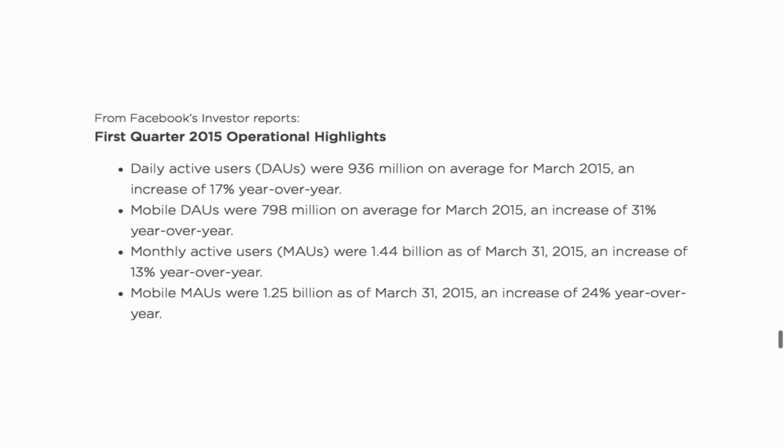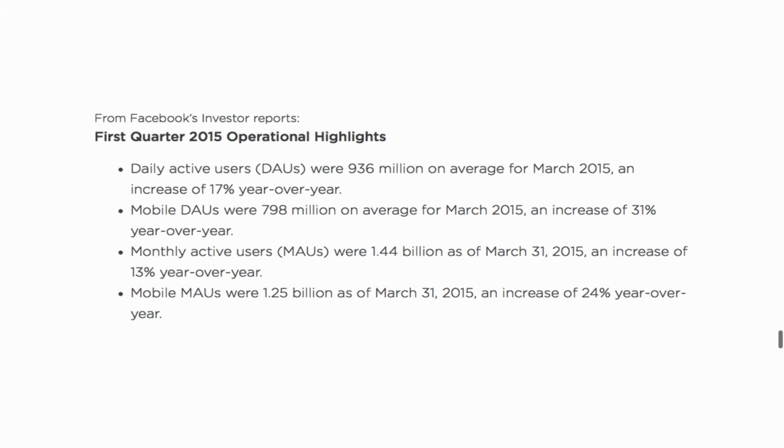Monthly active users were 1.44 billion as of March of 2015, an increase of 13% year over year. And again, the mobile monthly active users, 1.25 billion, an increase of 24% year over year. So not only do I want you to take a look at these numbers, 936 million, 798 million, 1.44 billion, 1.25 billion, those numbers are staggering.